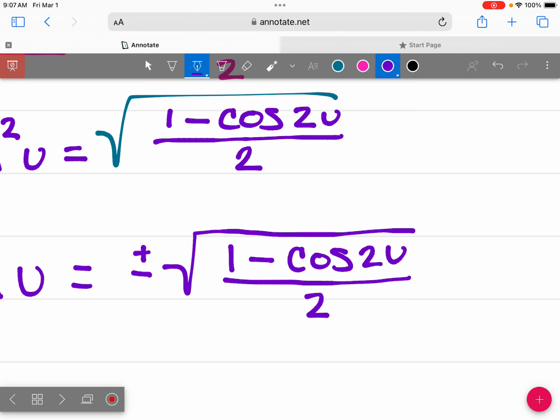But we didn't really want u, we wanted some angle cut in half. So we're going to take this u and substitute in v over 2. That's a v. I know it is the u-est looking v ever, but that's the font the computer uses for equations. U equals v over 2 is what that says.